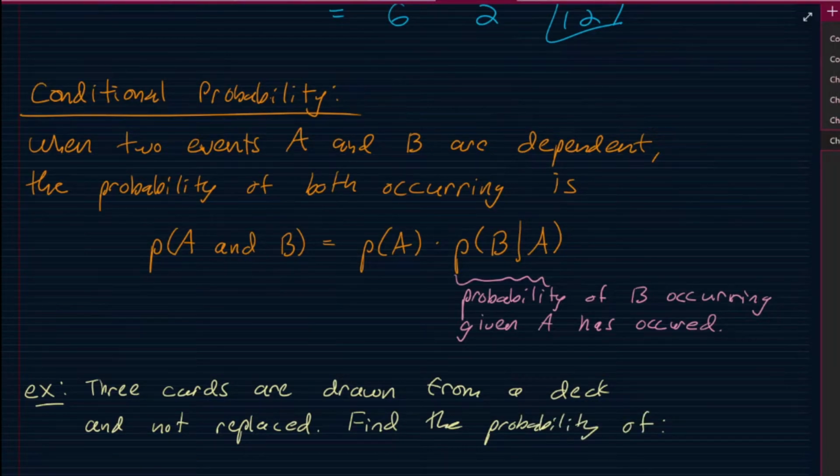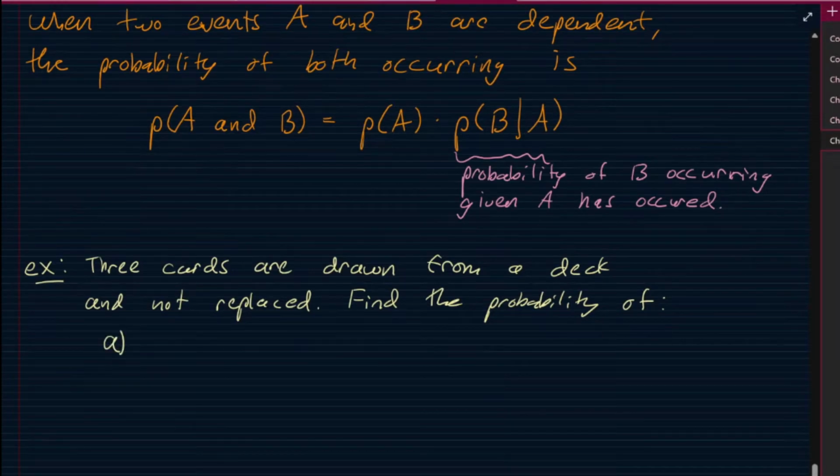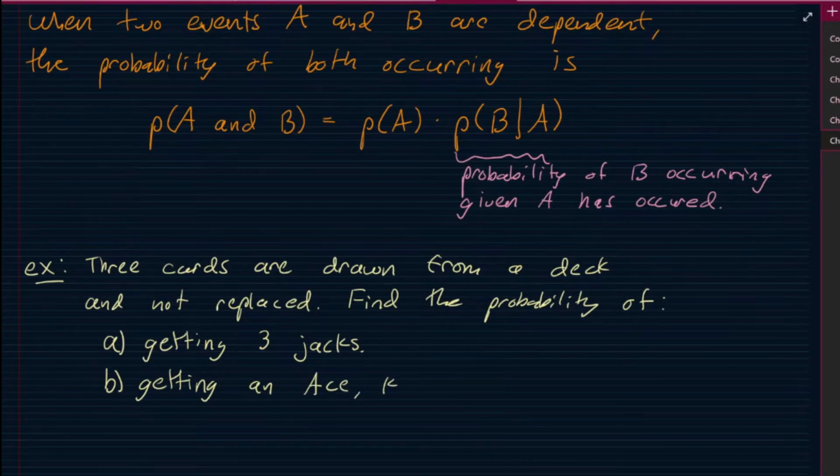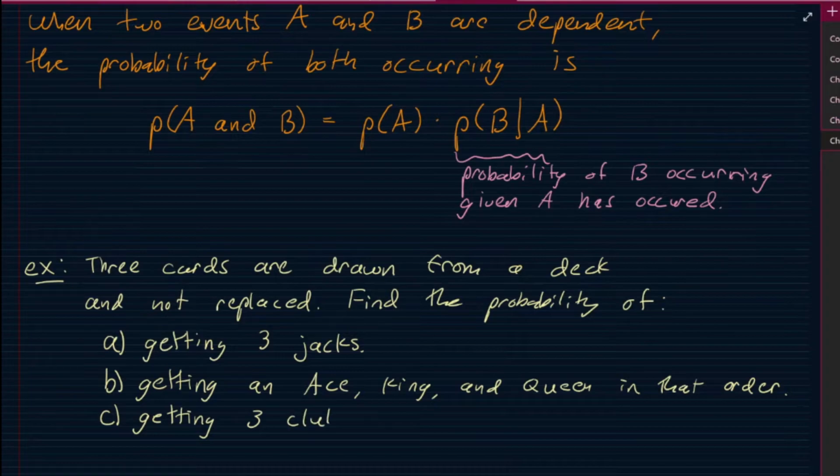How about getting 3 jacks, getting an ace, king, and queen in that order? And how about getting 3 clubs? And I'll get the picture again.